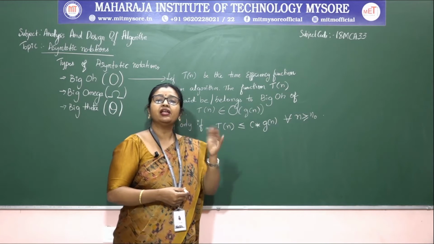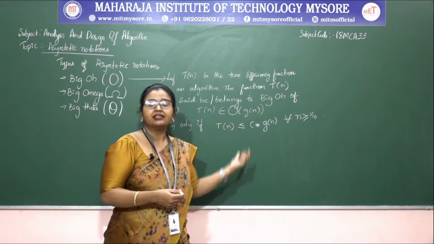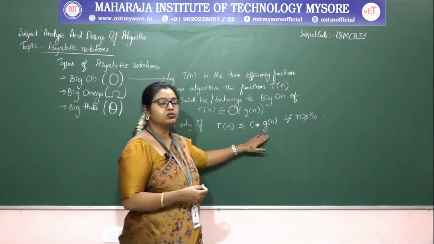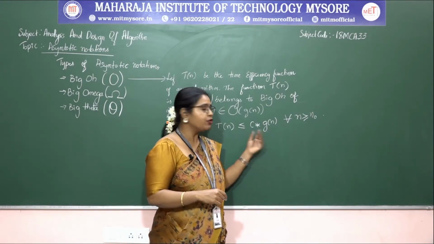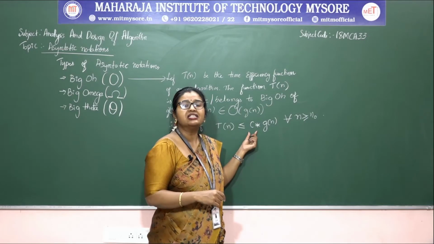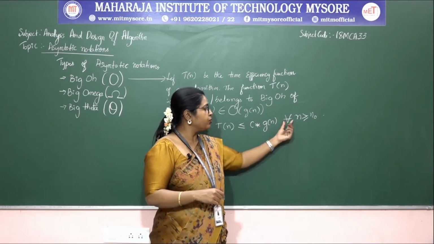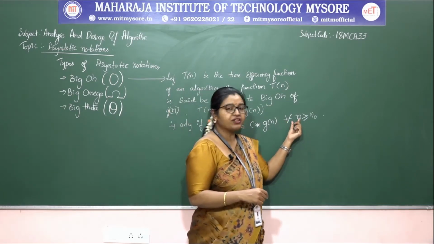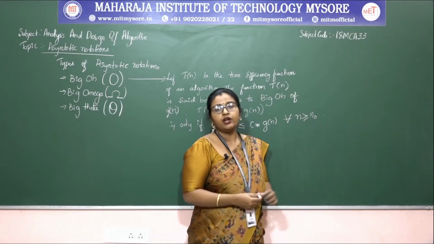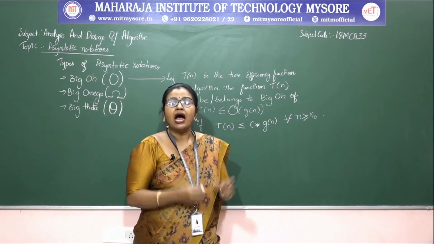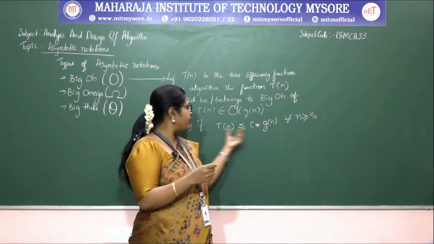Whatever polynomial equation you have obtained is going to be represented using some other function, that is c into g of n, for a constant value c, for all the values of n which are greater than or equal to n naught. So n naught is the threshold value beyond which this holds, and this may vary.